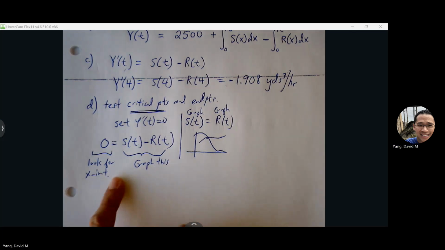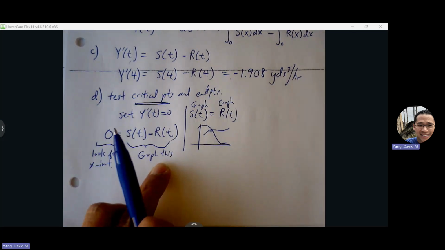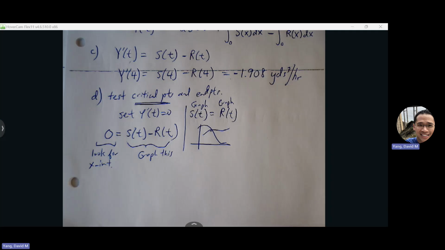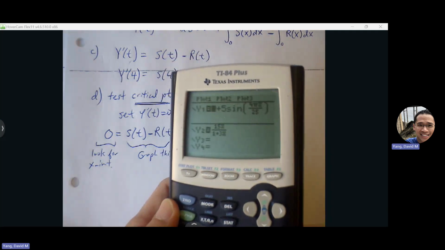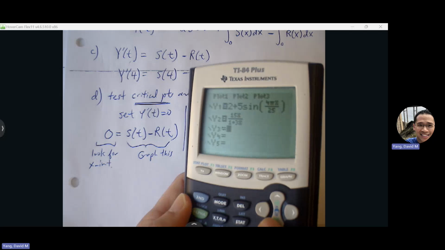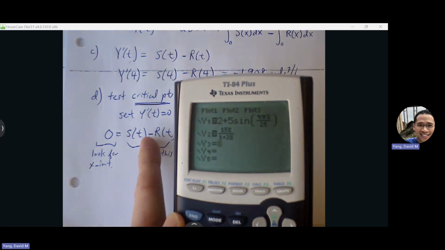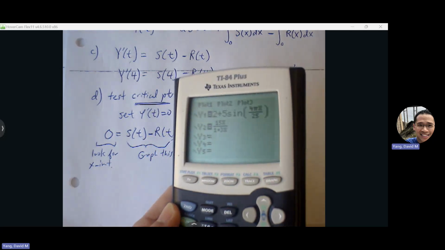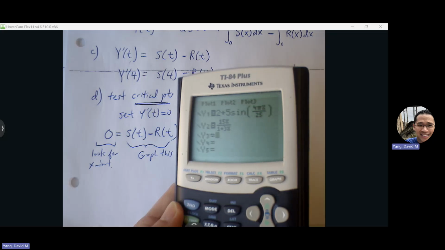I'm going to attempt to do it this way. So I'm going to hold my y1 and y2 in my graph. I don't want to keep typing these functions in. So I'm just going to do s of t minus r of t, which is basically y sub 2 minus y sub 1.